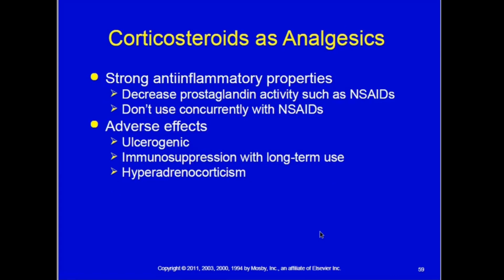Sometimes we use corticosteroids also as an analgesic because they have strong anti-inflammatory properties. We use Dexona or hydrocortisone or methylprednisolone or prednisolone. For example, in case of osteoarthritis, ankylosing spondylitis, then rheumatoid arthritis, along with other drugs, we use these corticosteroids also.